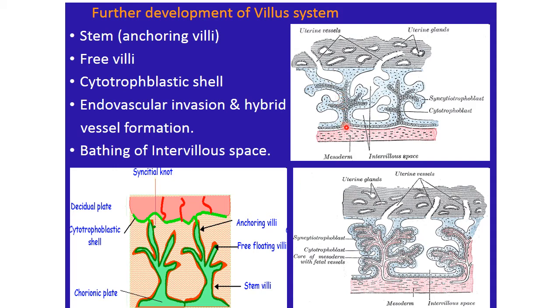So any villi which extends from the chorionic plate up to the decidual plate is called the stem or the anchoring villi, and it is later on when the side branches sprout out from those anchoring villi and they start to float freely in the intervillous space, and these are called the free villi or the floating villi.